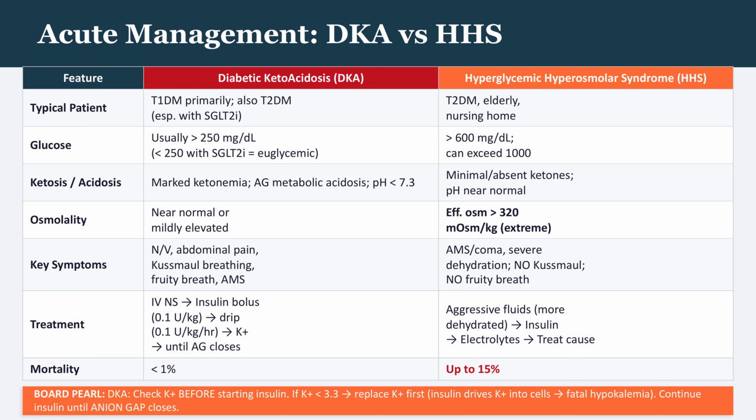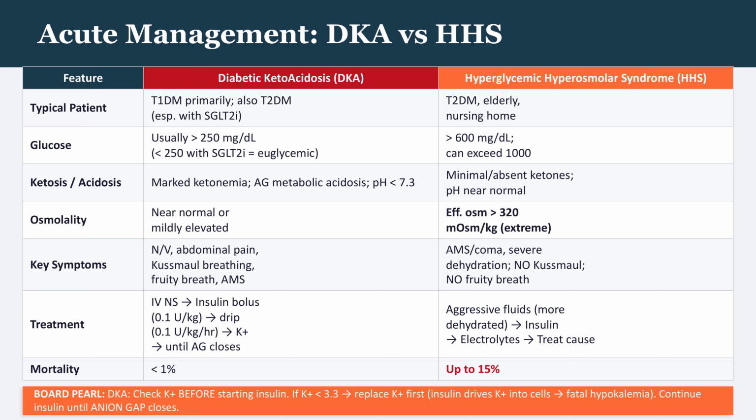Management goes in a strict, predictable sequence. First, aggressive IV normal saline for fluids. Second, and here is the pearl every student needs to tattoo on their brain: check the potassium. You must check it before you start insulin, because insulin drives potassium into cells and can cause fatal hypokalemia. If it's below 3.3, hold the insulin and replace potassium first.